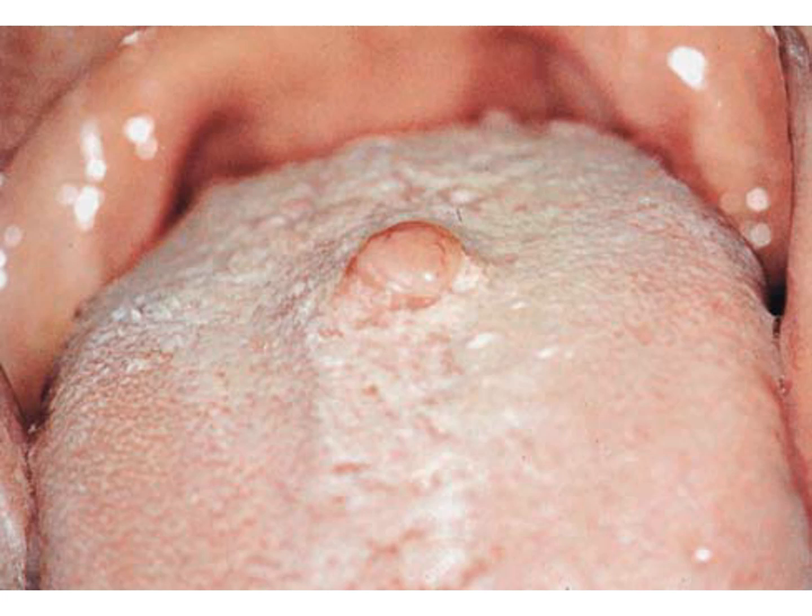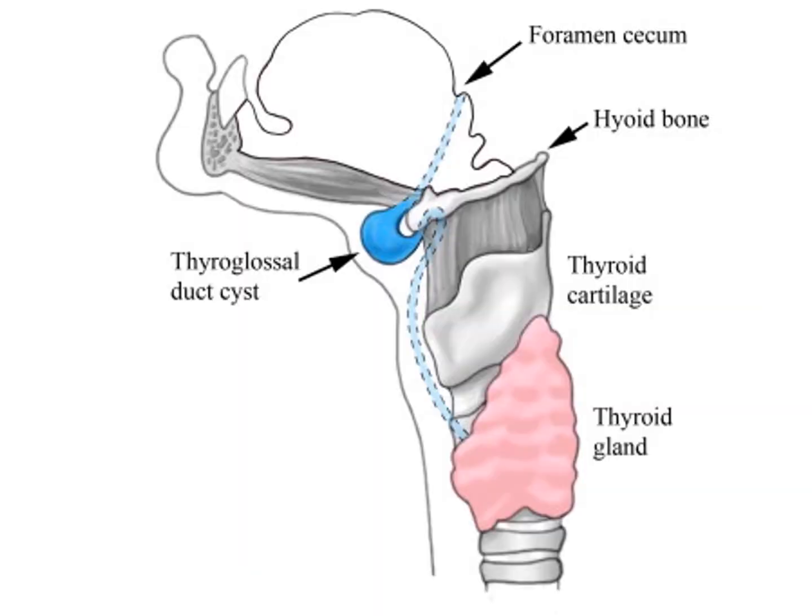This person has a reddish swelling between the anterior two-thirds and posterior one-third of the tongue. This is the pathway of descent of the thyroid gland, and this is one of the sites of developing thyroglossal cyst.